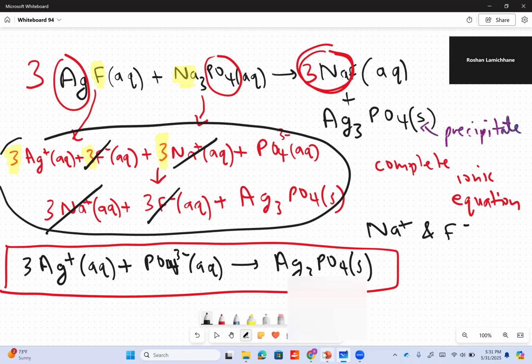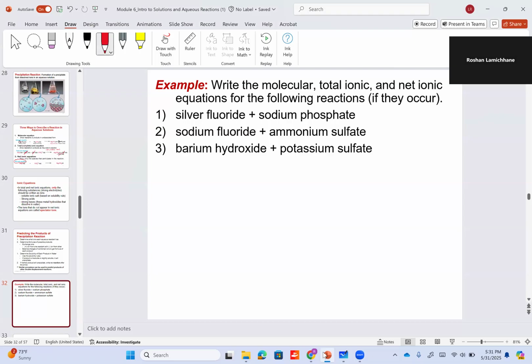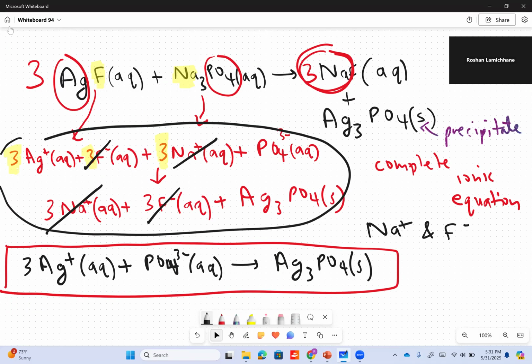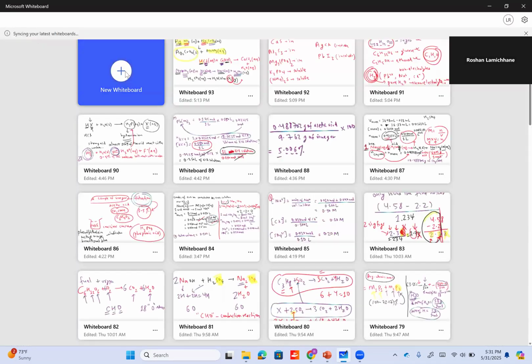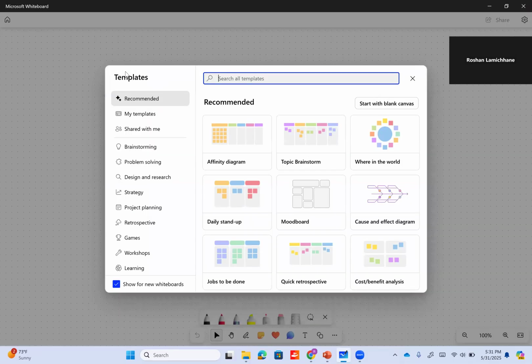So that's how you figure out number one. Let me work through number two really quick, and number three you can try yourself. Number two is sodium fluoride plus ammonium sulfate. Sodium fluoride is a soluble salt.